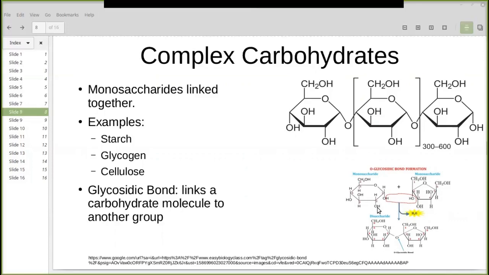A carbohydrate linked to another group. Your OHs come together, they have water going away in what's known as a dehydration reaction, and then it becomes a more complex molecule over here. Okay? So keep this in mind. You'll be seeing this dehydration reaction over and over and over again.